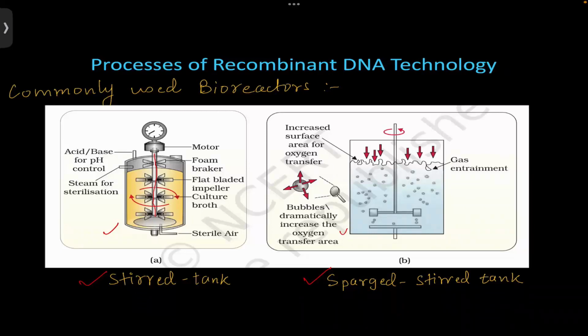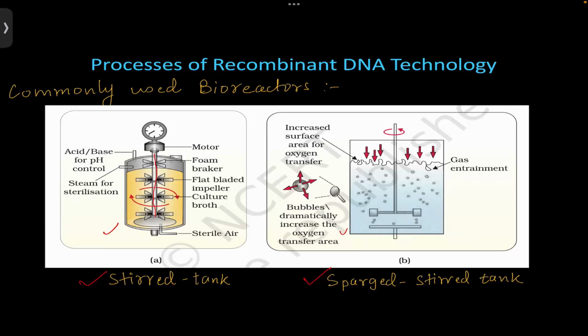I mean blades or propellers which are rotating continuously in a clockwise or anti-clockwise direction. These blades allow continuous circulation of the contents of the bioreactor, allow easy reach of the nutrients to the cells, and the amount of oxygen will be uniform within the bioreactor.